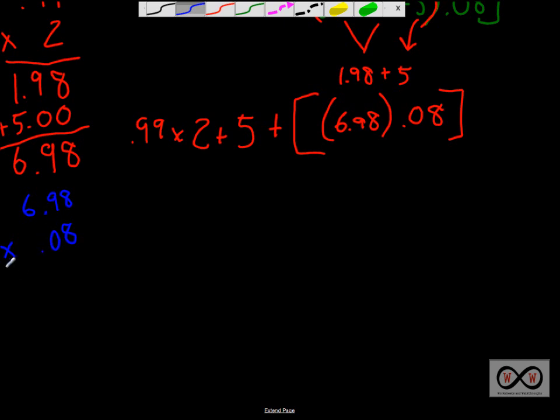And you don't really have to line up the decimals when you are multiplying, but it just works out that way. So don't be confused by that. We've got 8 times 8 is 64. 9 times 8 is 72. 72 plus 6 would give us 78. 8 times 6 is 48, and 48 plus 7 would be 55.